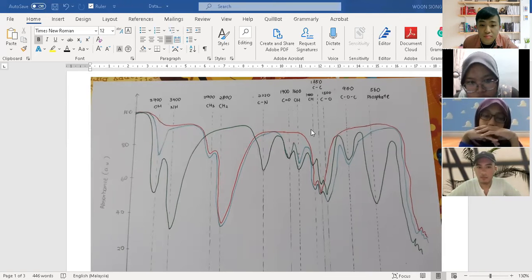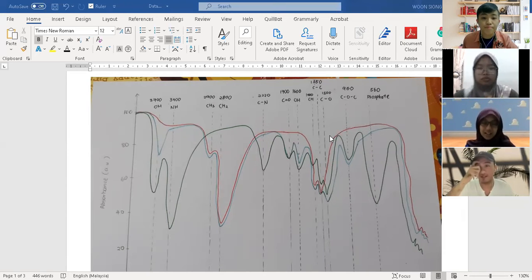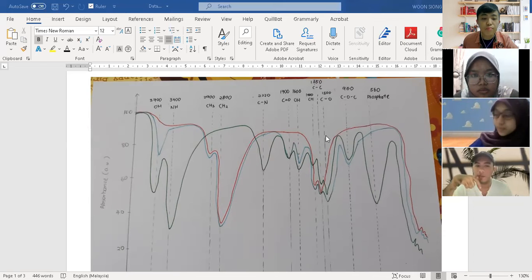Oh, okay. So they are no longer free. Yes. Just a recap, this is what I read from the lecture notes: the free functional groups will absorb the infrared. That's why when a peak is no longer in the graph, it means they are no longer free.